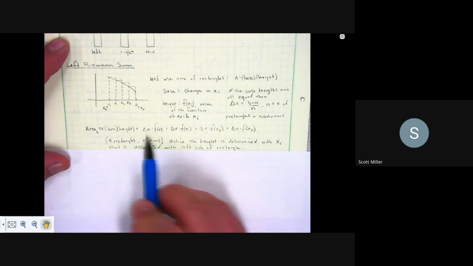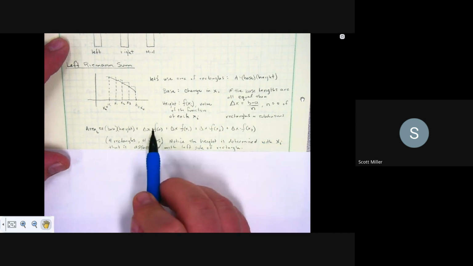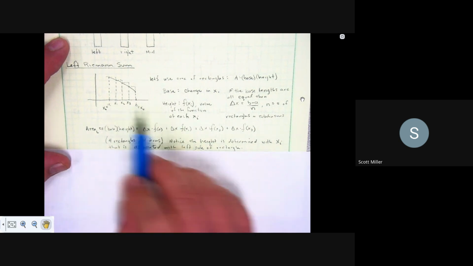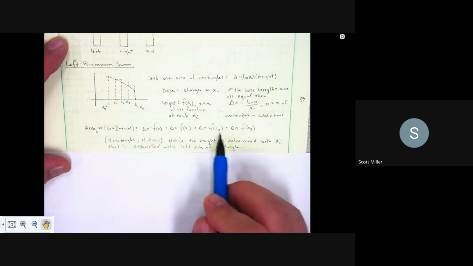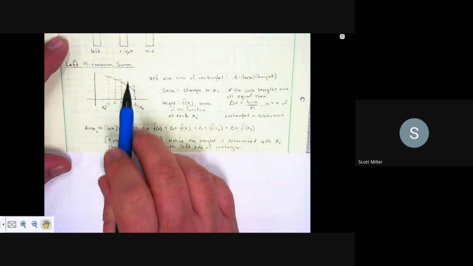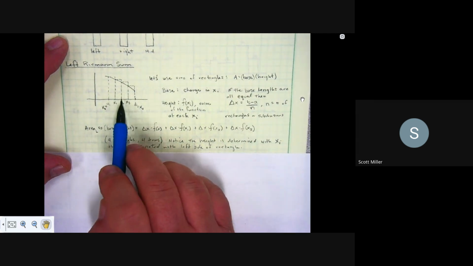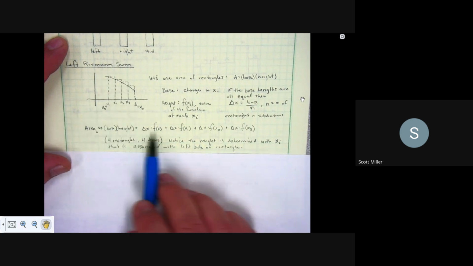So then what I have here is my area of a left Riemann sum: the base, the change in x, times the height at x0, plus the base times the height at x1, and the base times the height at x2, and the base times the height at x3. See? That gives me the base and the height, the base and the height, and I add up all those numbers.